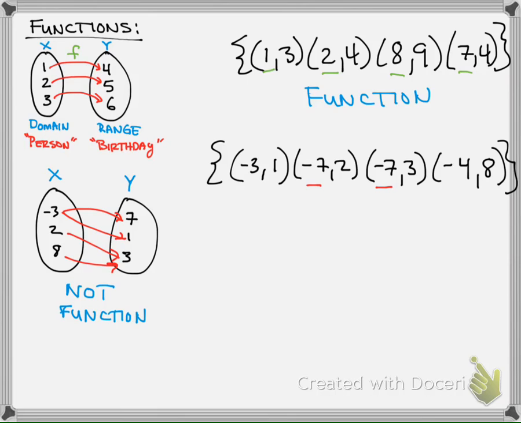Since the -7 appears twice, we look at the y values and notice that the y values are different in each point. When that is the case, we say this is not a function. Again, using the idea of person and birthday, no one person can have more than one birthday, or no one x value can belong to more than one y value.